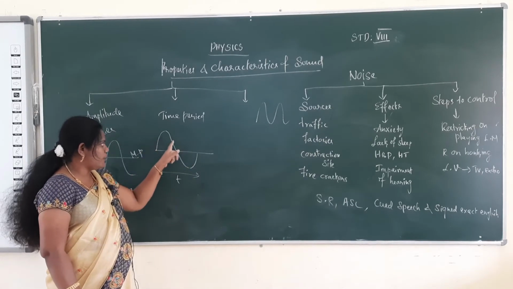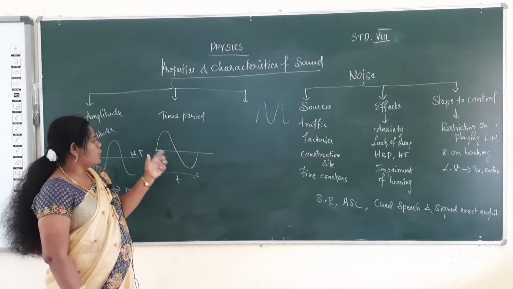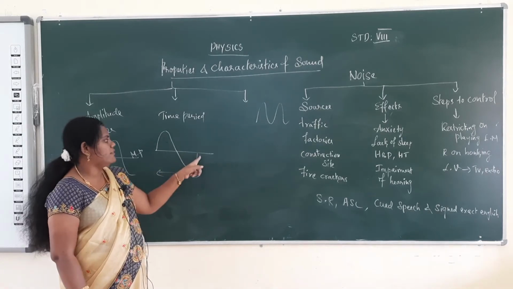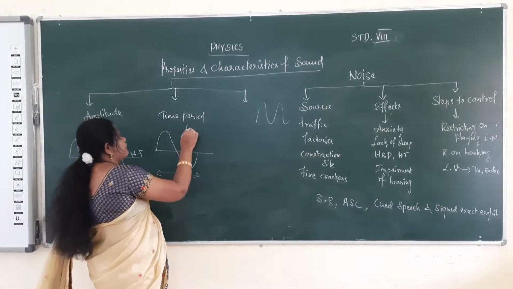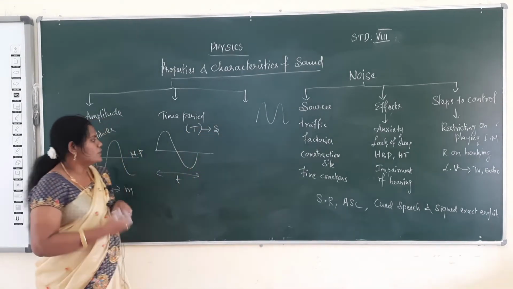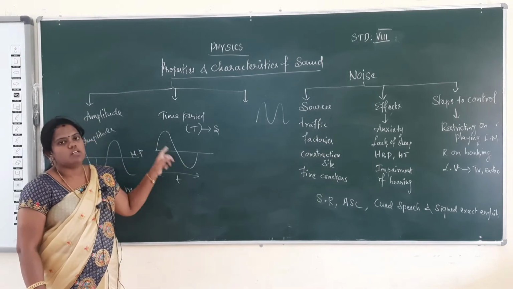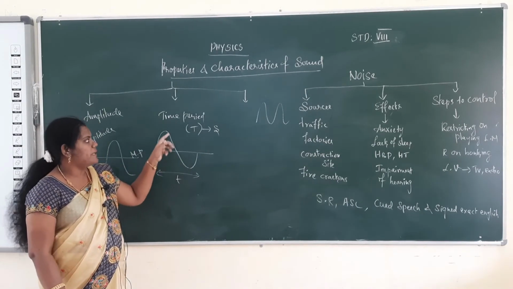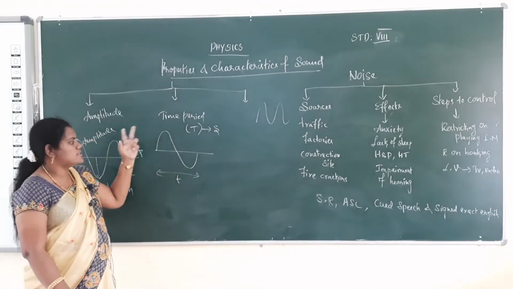The time taken from starting here to reaching here is the time period. The time period is denoted as T and the unit is second. This is the second property.